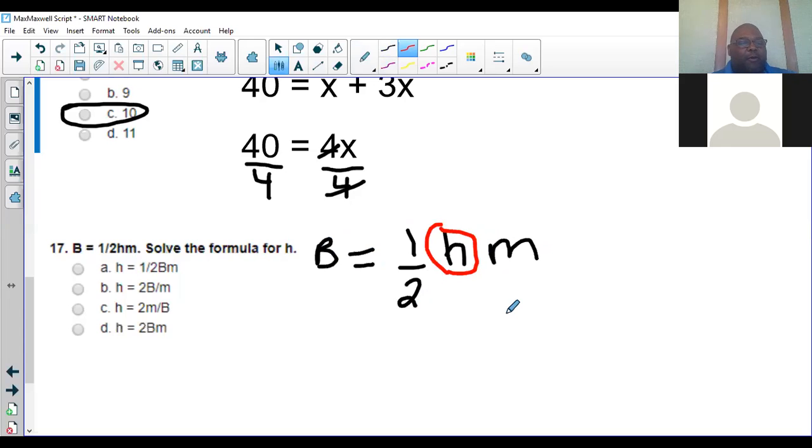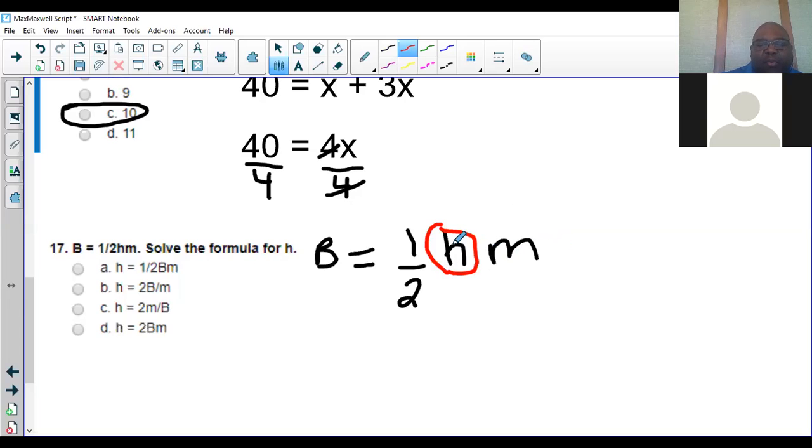Okay. All right. So what would you do? What do you recommend that we need to do in order to move the M to the other side? Put it with 1/2. Okay. Well, think about it. When I take a look at M and I take a look at H, what operation is going on here? Am I adding? Am I subtracting?